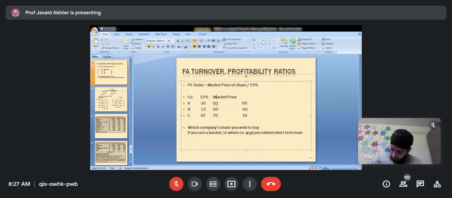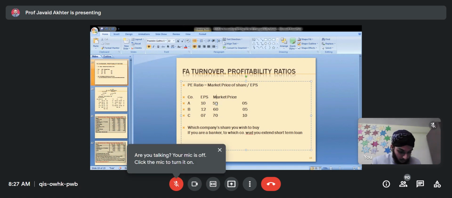So the total calculation will be based on these two plus something more. We will discuss more maybe in financial management when we come to that stage. Here from the accounting point of view, whatever I have shared with you is enough. So I have explained to you DPS, EPS and market price per share.